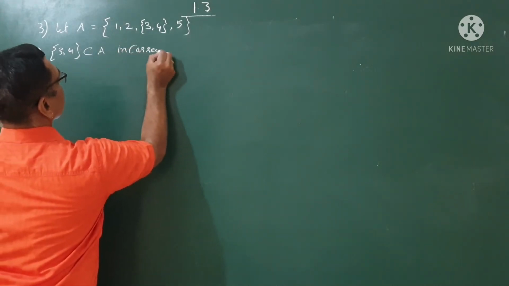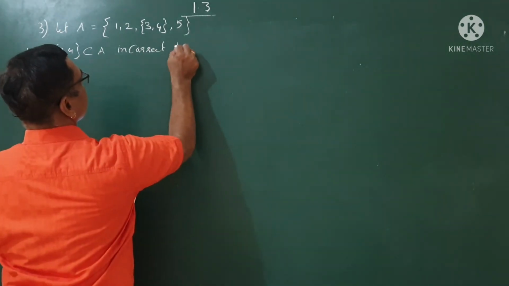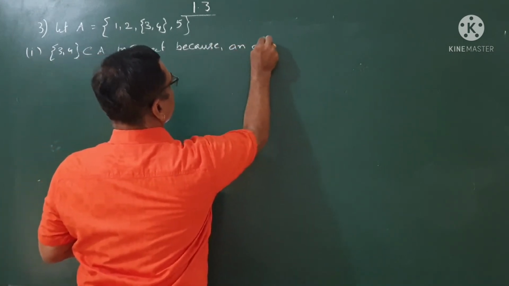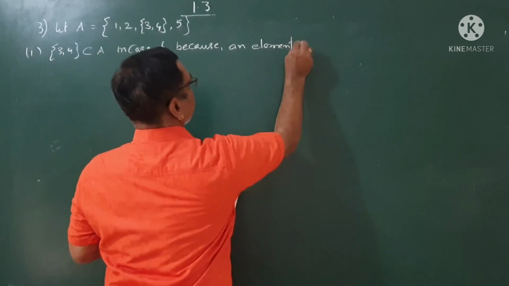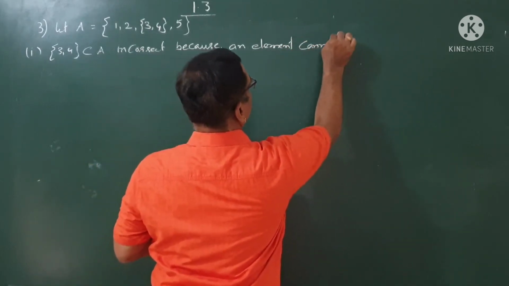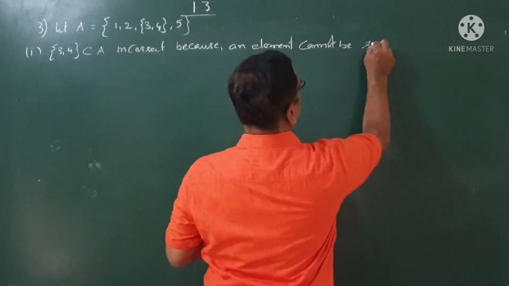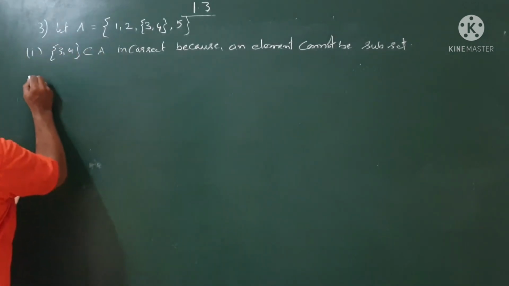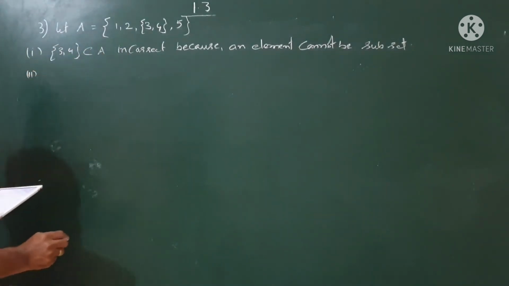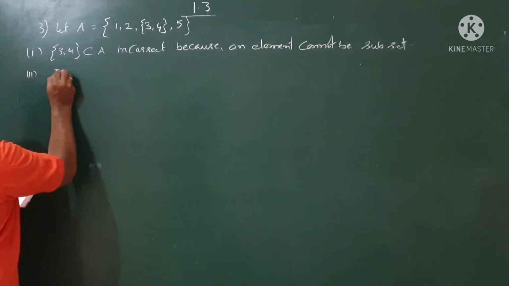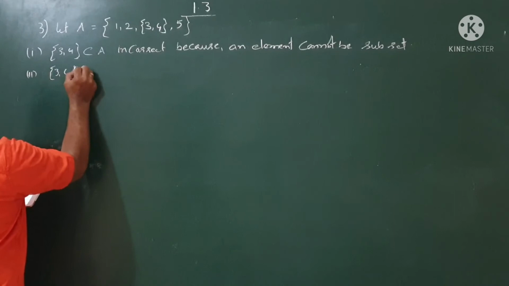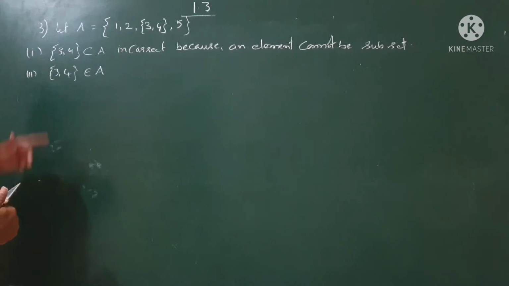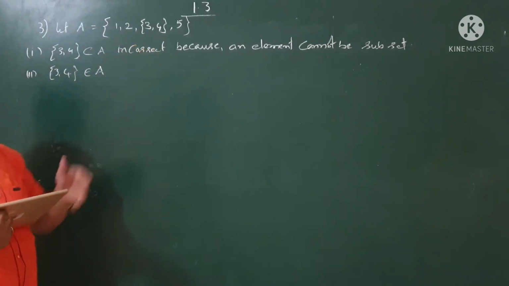Because an element cannot be a subset. Second, {3, 4}, the same thing is given, belongs to A. Yes, this {3, 4} is an element of A, therefore it is correct.